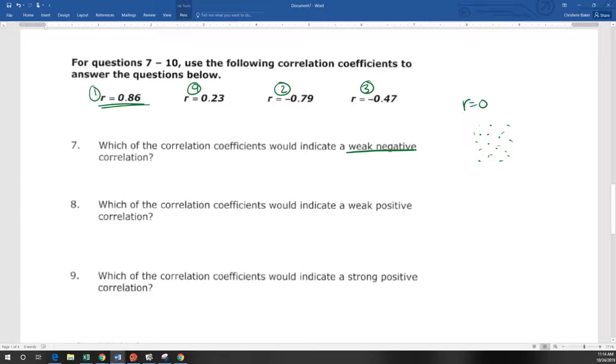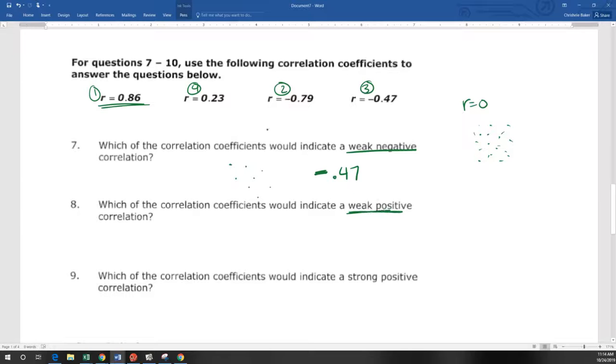So weak negative would be this one, negative 0.47. I mean, it's not even half. It's below half, and it's negative. So that's not going to look very strong. It's going to be like you can barely tell that these dots are decreasing from left to right.